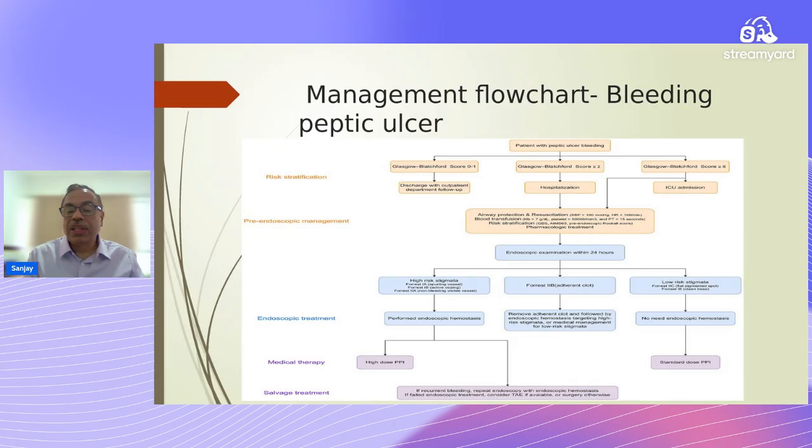If the Forest classification shows low-risk stigmata, like a past history of bleeding or just a clean base ulcer, then there is no need for any endoscopic hemostasis, but just standard dose PPI therapy, and the patient should be discharged. So this is, in a nutshell, a management flow chart of a bleeding peptic ulcer.